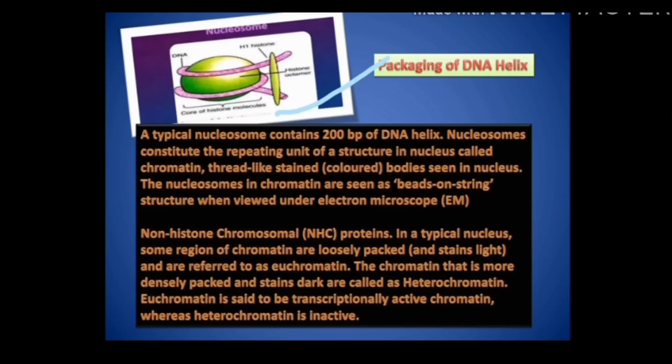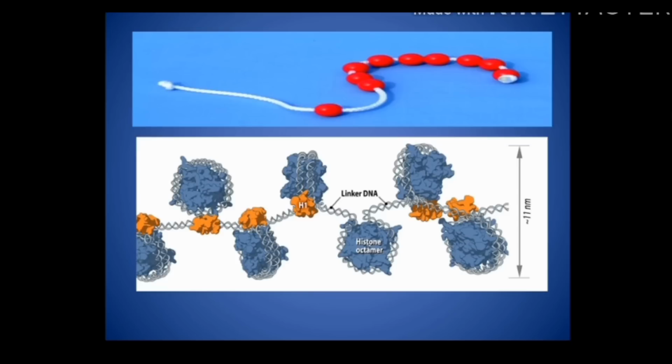When you observe it under an electron microscope, which is a quite powerful microscope, they appear like beads on a string, as tiny as beads. So normally chromatin looks like a thread with beads.